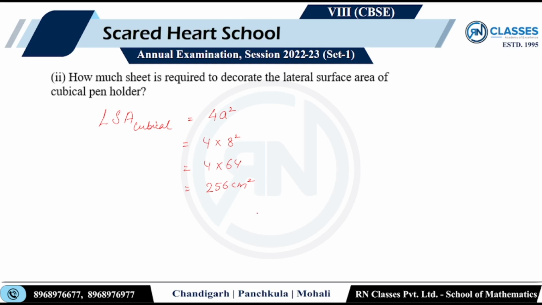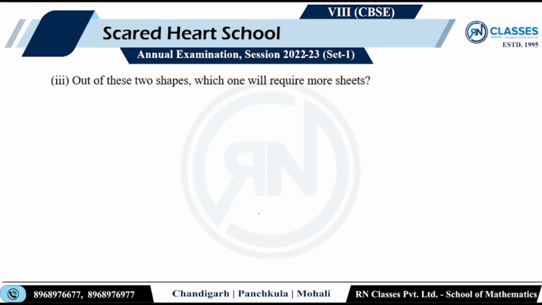centimeter square. Yeah. And the last one, out of these two shapes, which one will require more sheet? More sheet, भाई जिसका lateral surface area ज्यादा होगा. So lateral surface area of the cuboid is already taken out as 224 centimeter square, and lateral surface area of a cube comes out to be 256 centimeter square. अब बताओ, out of these two shapes, which one will require more sheets?